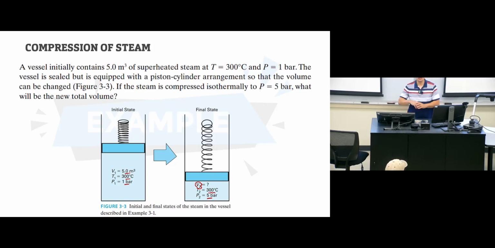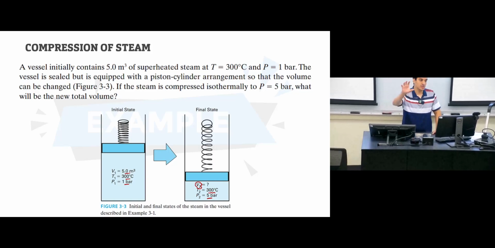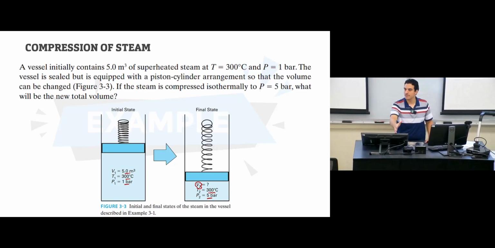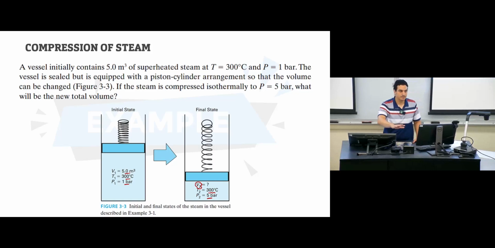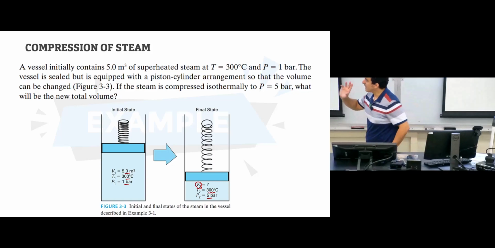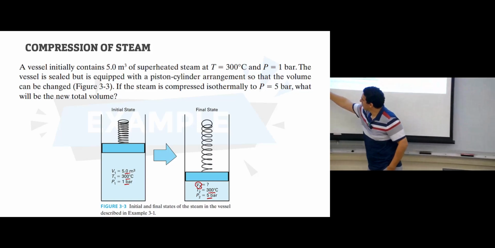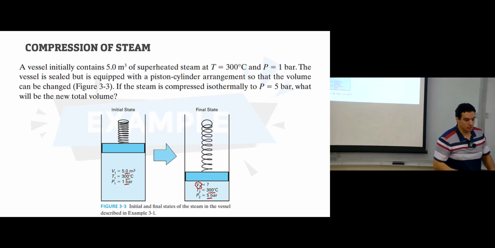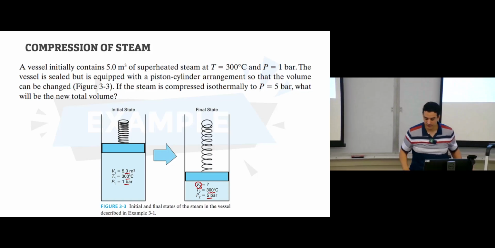So the total mass inside this closed system will be constant, right? This is the key here. There is no change in the mass, so the mass in the initial state will be the same as at the final state. I can use this rule in order to find the volume.